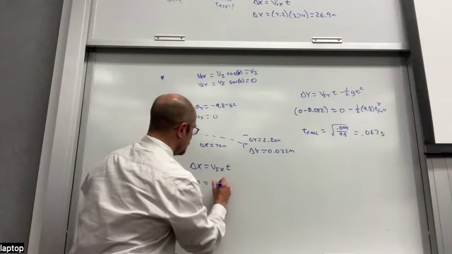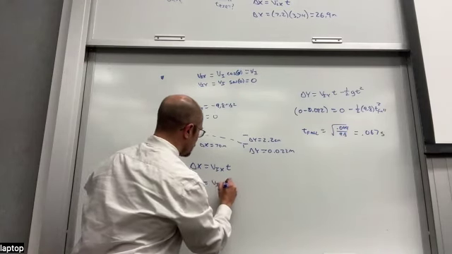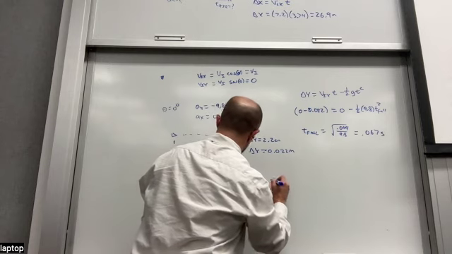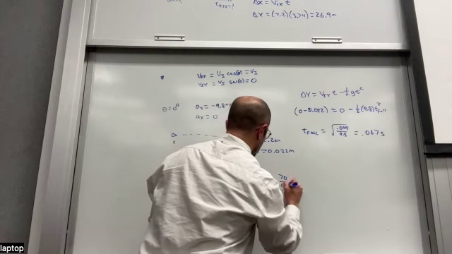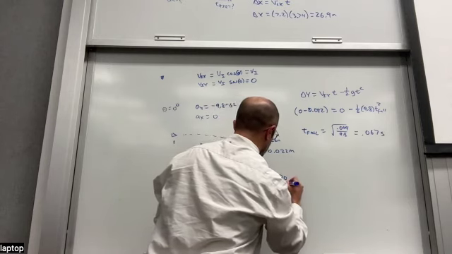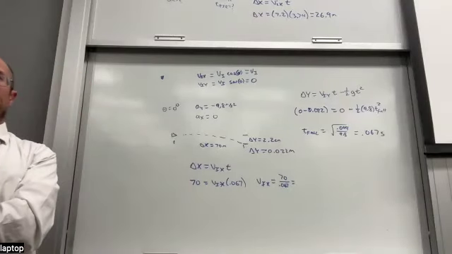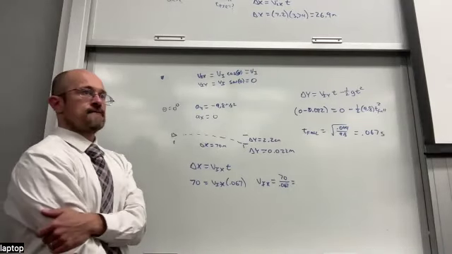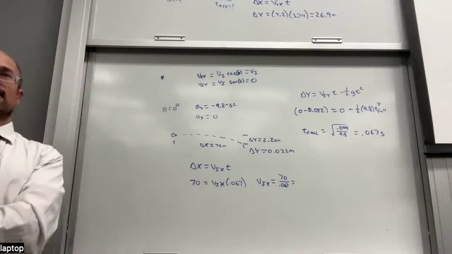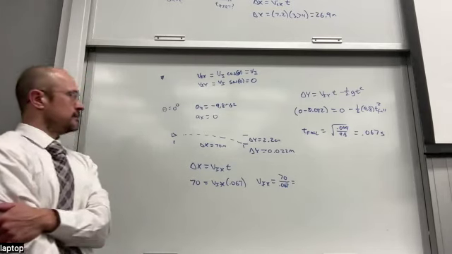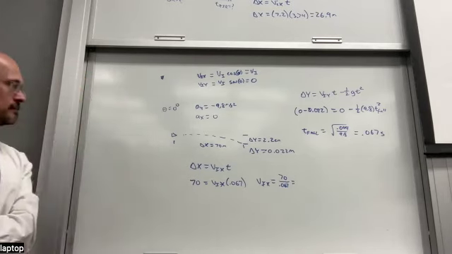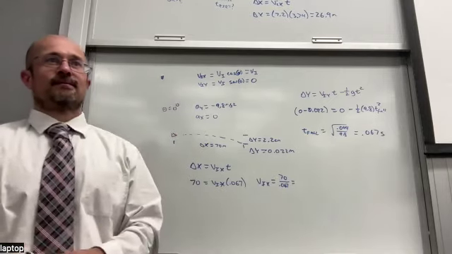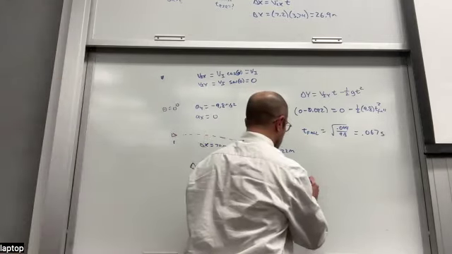So 70 is VIX times 0.067, so VIX is 70 over 0.067, which is about 1,044.